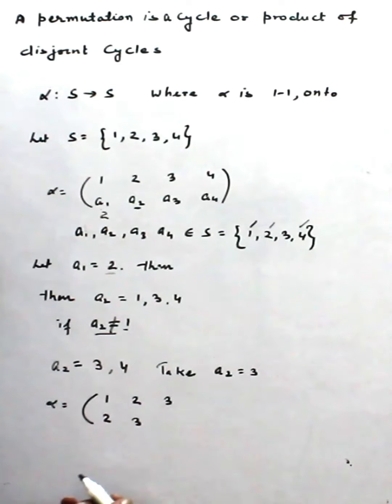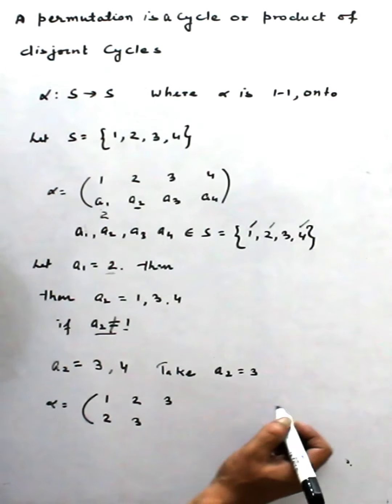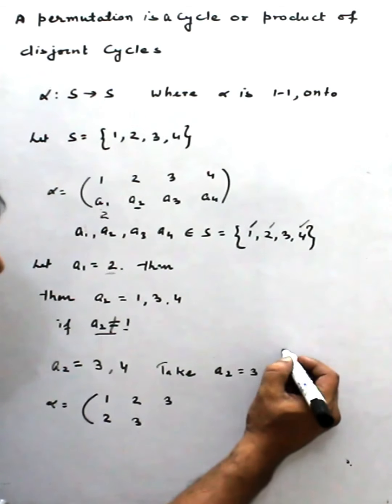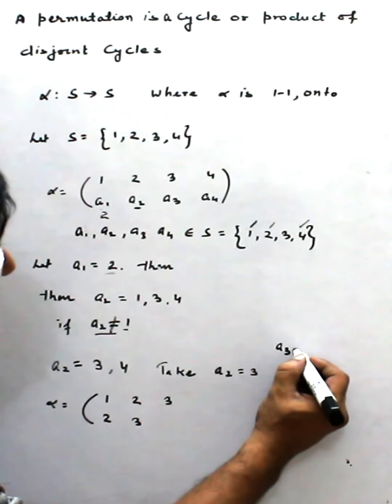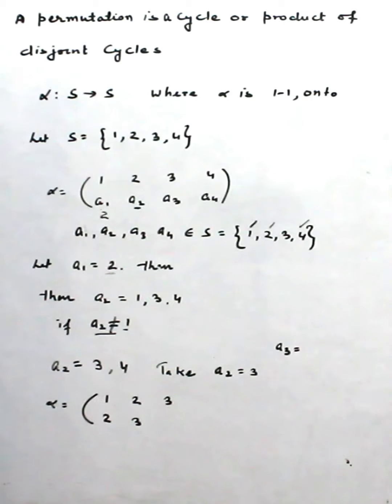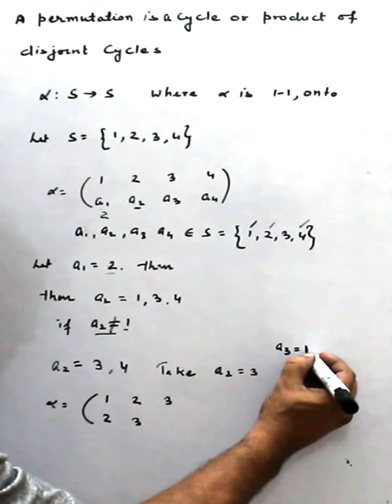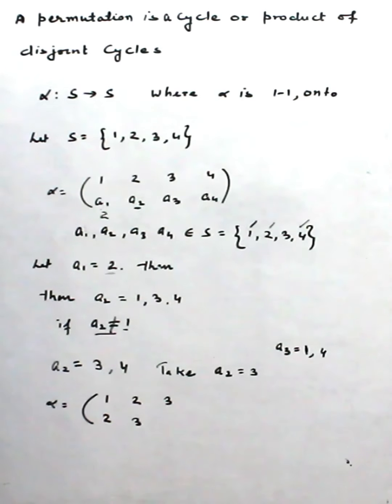So now what about A3? What are the possibilities? Either A3 is equal to 1 or 4, these two choices.